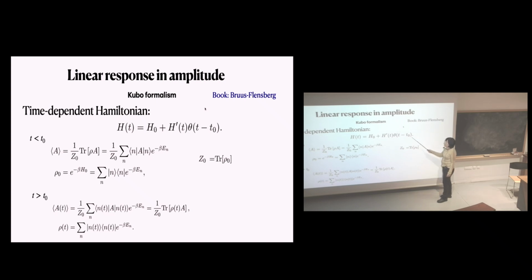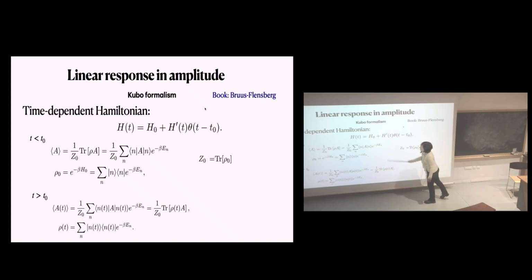Let's assume for a while that it starts at a given time t0. So if we want to evaluate the mean value of any observable at any time before this perturbation is switched on, we know how to do it. And we have this state corresponding to the system in equilibrium.